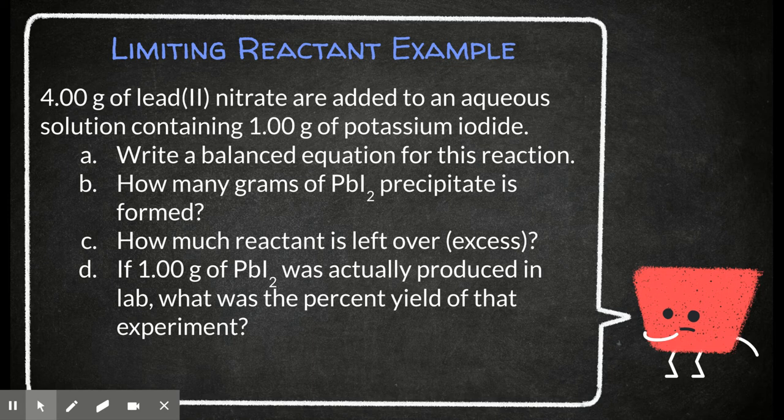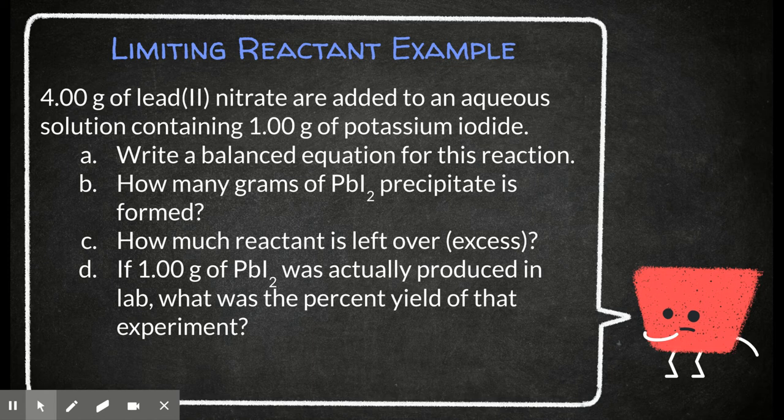And then we're going to look at how much reactant is left over. So after we determine how much is formed and which one is our limiting reactant, we're going to look at how much we can have in excess. And then if 1.00 grams of PbI2 was actually produced in the lab, what was the percent yield of this experiment?